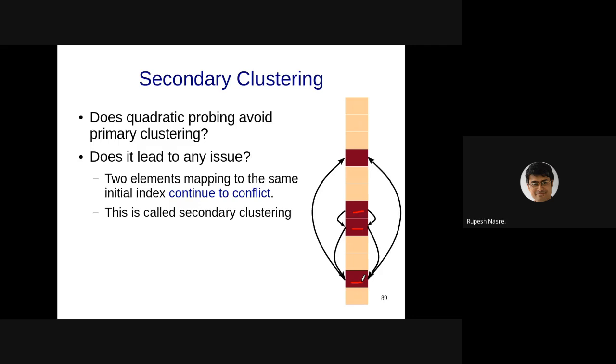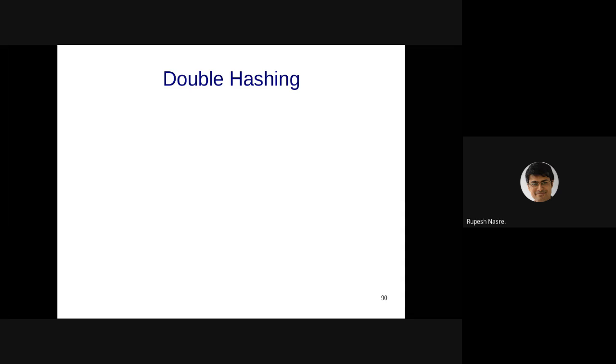Then only there is a possibility that you will avoid the secondary clustering problem, right? So that is essentially double hashing. So that way it is relatively simple, but the secondary clustering motivation should be clear.